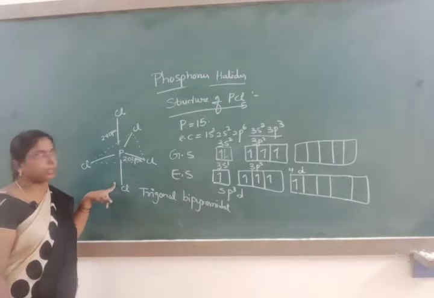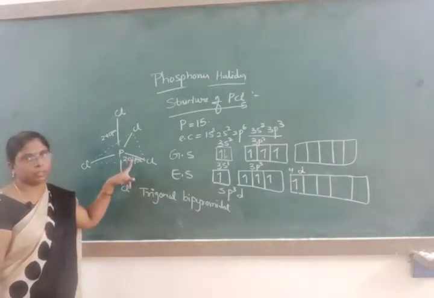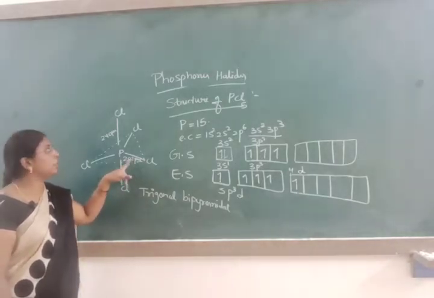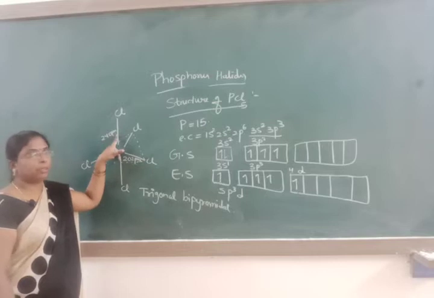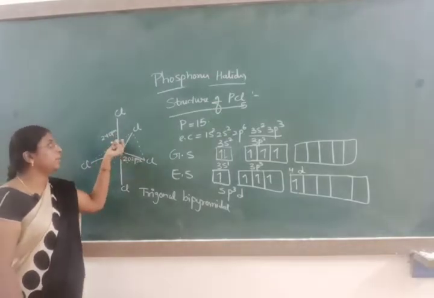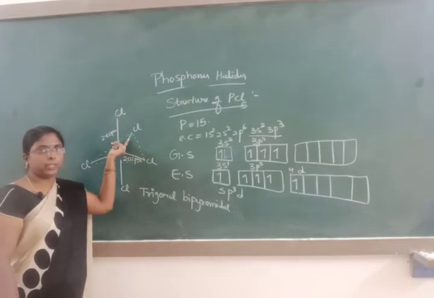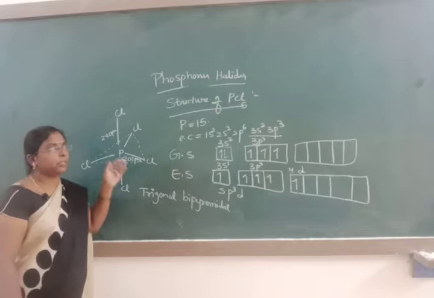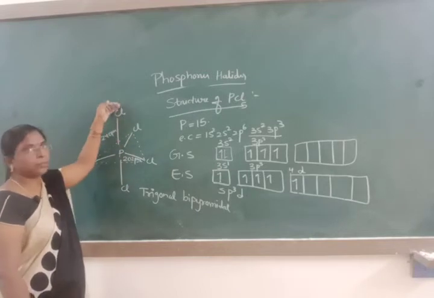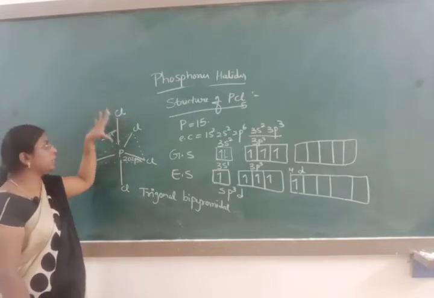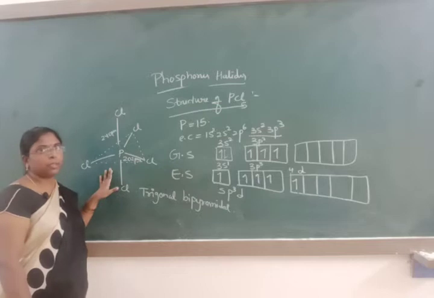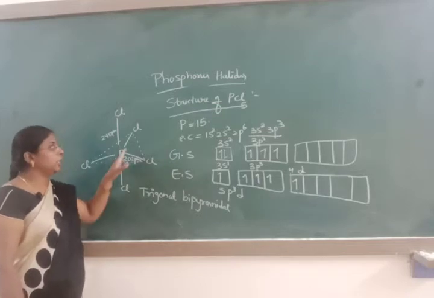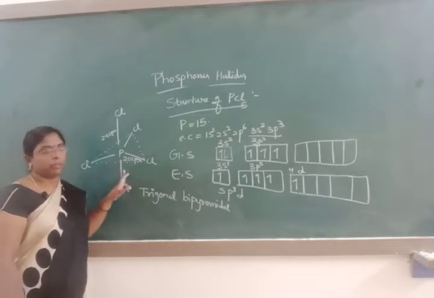They are longer compared with the equatorial ones, because the axial bond pairs and the equatorial bond pairs repel each other. When they repel each other, what happens? To overcome the repulsion, the bond length increases. Hence the axial bonds are longer than the equatorial bonds.